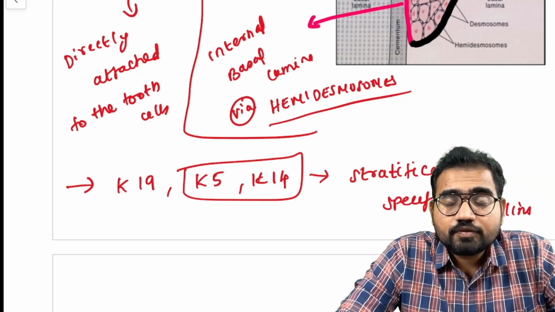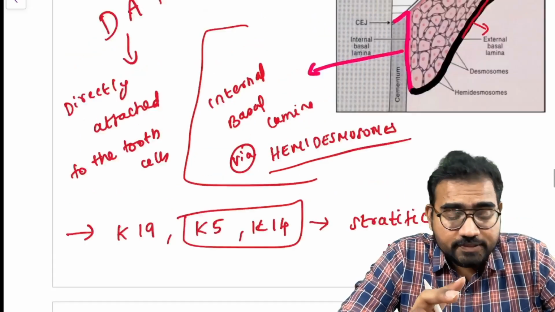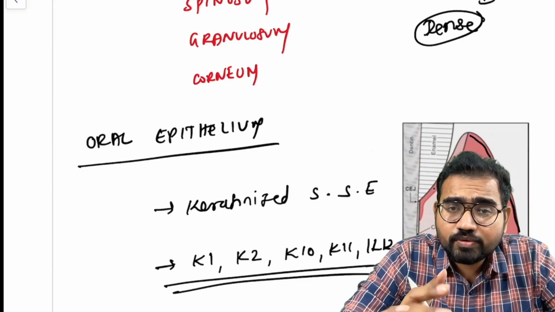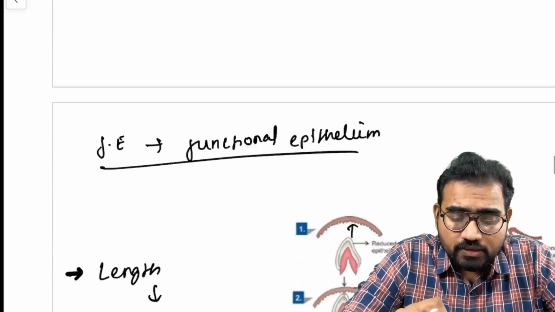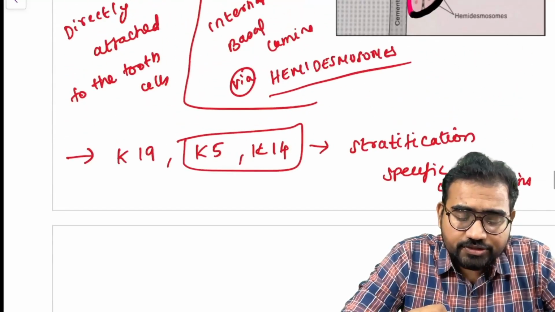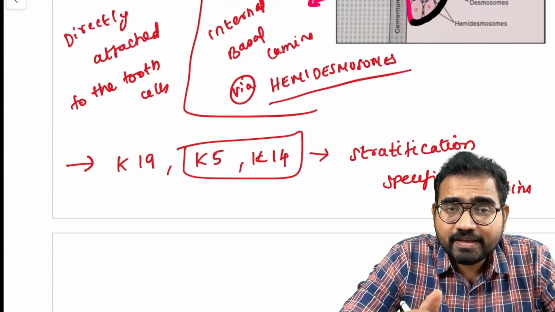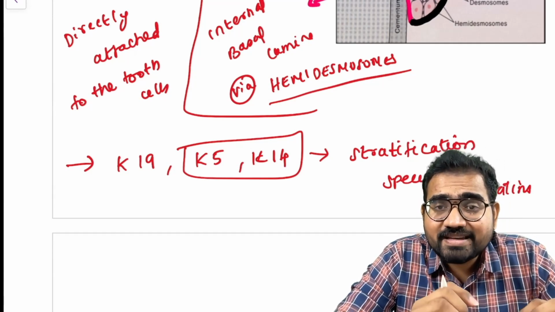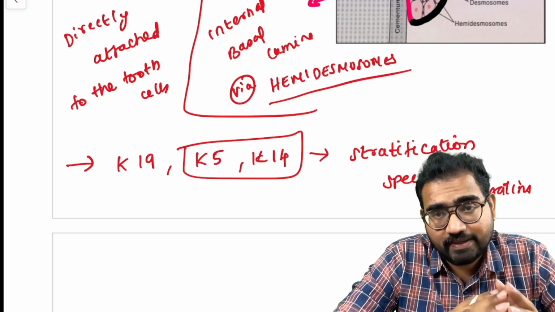The cytokeratins present in your oral epithelium are K1, K2, K10, K11, K12. The cytokeratins present in your junctional epithelium are K19, K5 and K14. K5 and K14 are stratification specific cytokeratins.